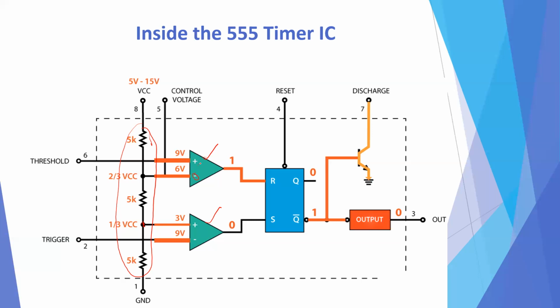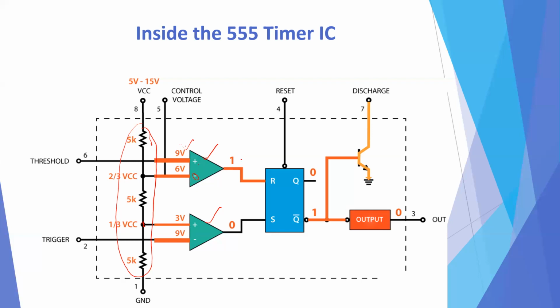In the first comparator, if the non-inverting terminal input is greater than the inverting terminal, it will produce an output of 1. The trigger comparator is just the opposite of the threshold comparator. If the inverting terminal input is greater than the non-inverting terminal, it will give an output of 0. Here non-inverting is greater, there inverting is greater, so it produces the opposite output.